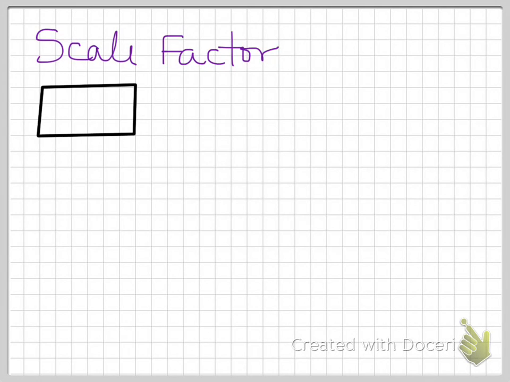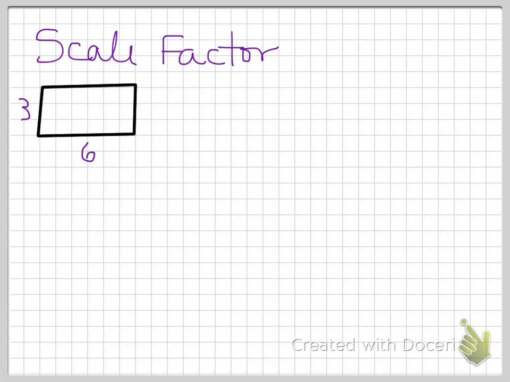Okay, so let's talk about scale factor for a minute. If I have a figure like this rectangle here that's a little bit sloppily drawn, but it is roughly 3 by 6. I meant for it to be exactly 3 by 6. If I wanted to enlarge that by a scale factor of 2, I'll just use R, because we're going to use R for scale factor.